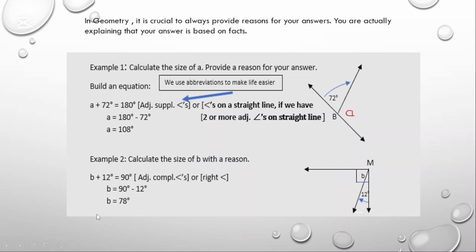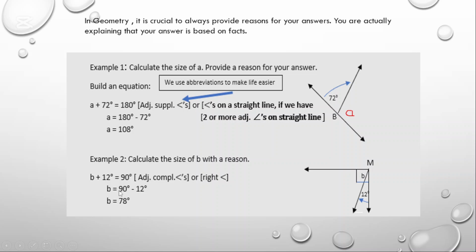This is the correct way of writing it out. B plus 12 is equal to 90 degrees. Why? Adjacent complementary angles. You can use right angle also.